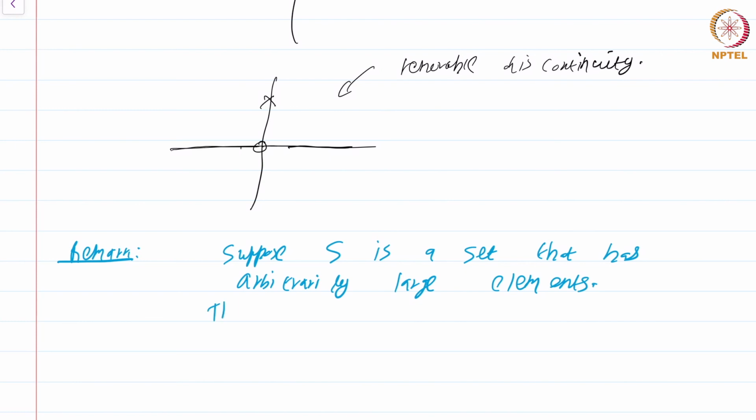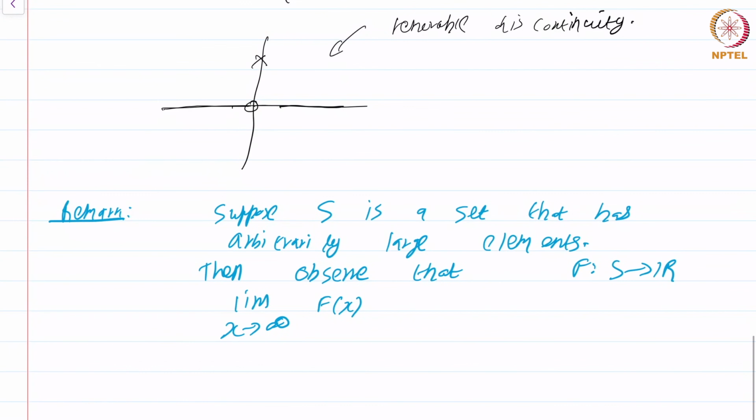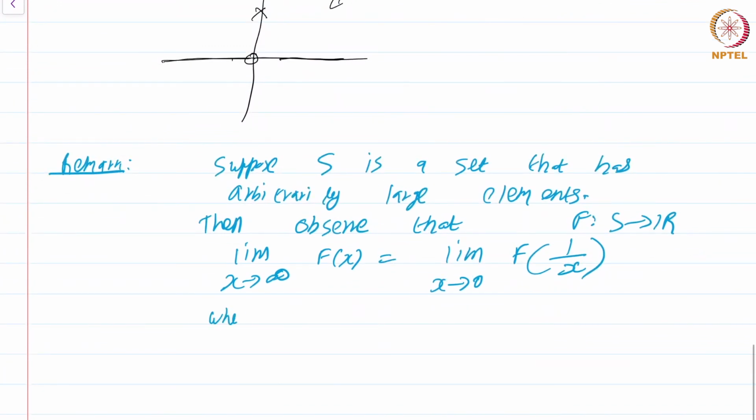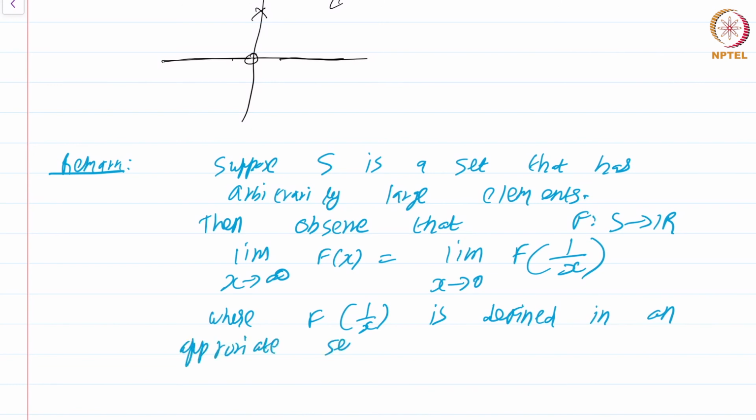Then observe that limit x going to plus infinity of f of x, so f is a function from S to R, is actually nothing but limit x going to 0 of f of 1 by x, where f of 1 by x is defined in an appropriate set with 0 as a limit point.